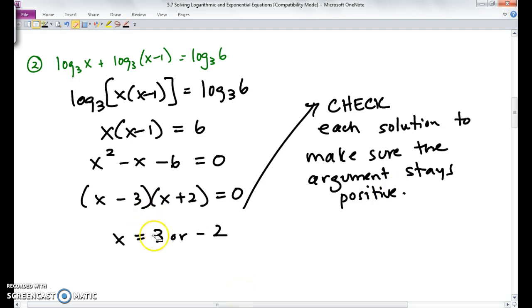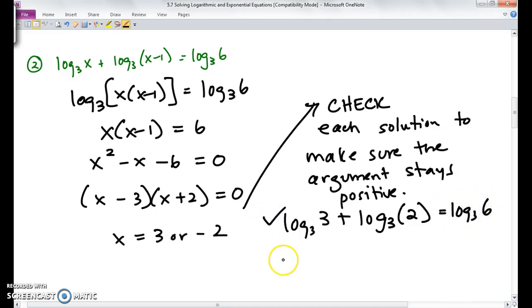So if I put x equals 3 in here, I get log base 3 of 3 plus log base 3 of 3 minus 1, which is 2. And that's fine, because all of those arguments are positive. That one we already had. These two, when I put the 3 in, I get positive arguments.